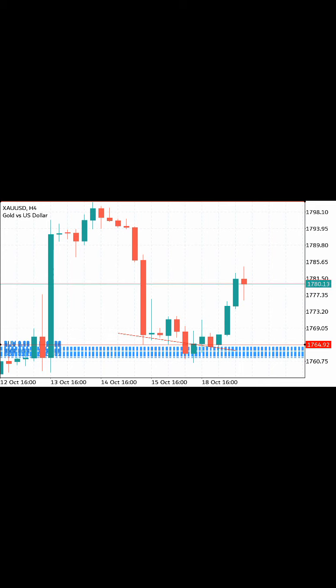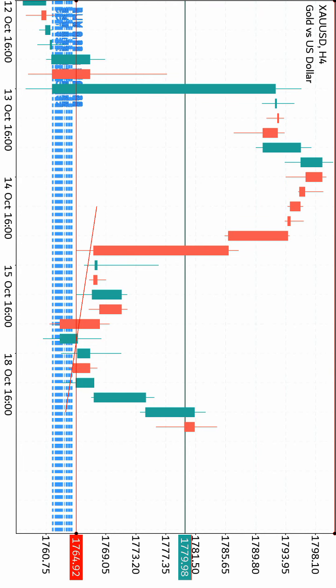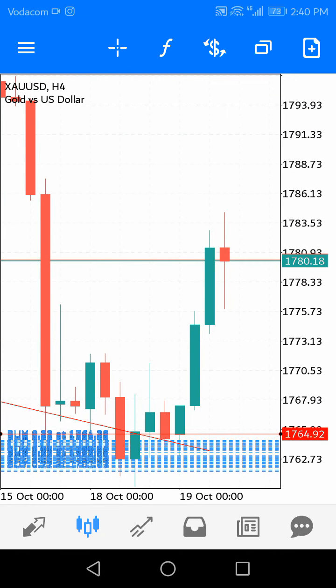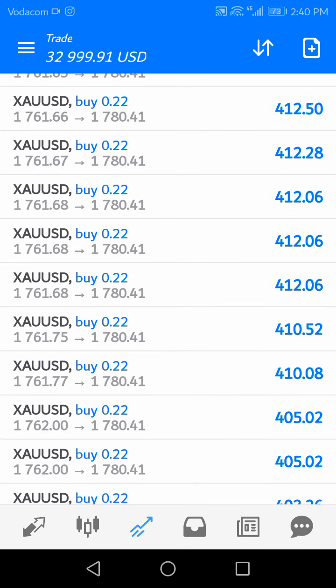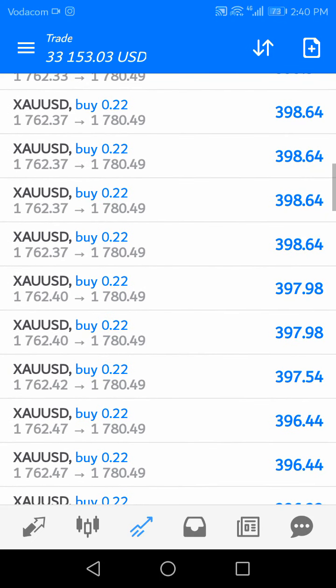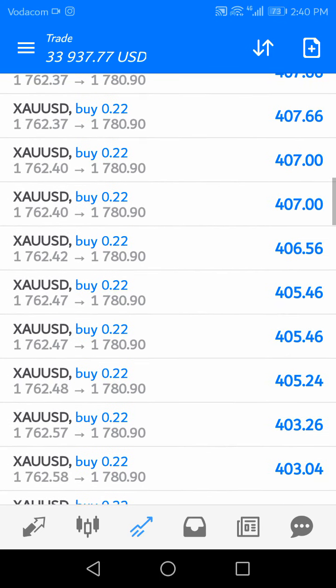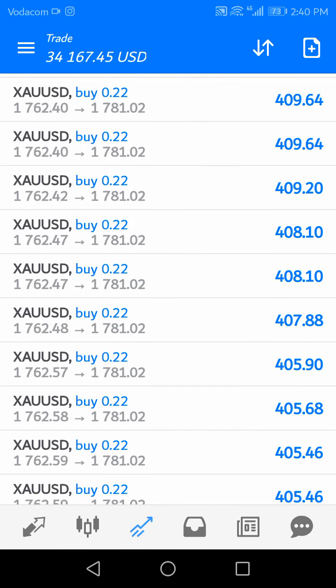So from this pair alone, I raised something like, let's check how much, I'm around 32k in USD. I only opened the lot size of 0.22.